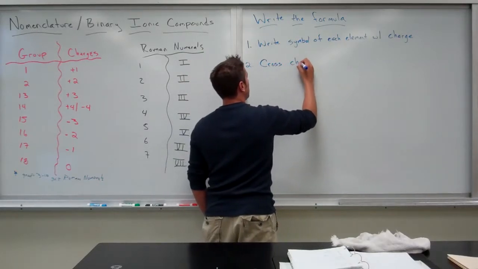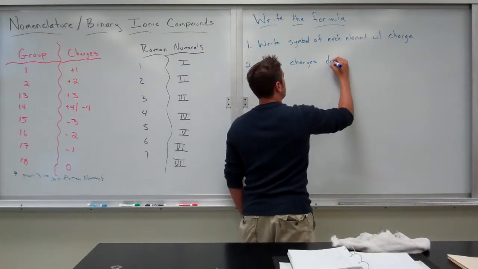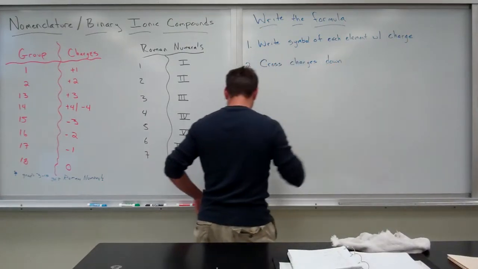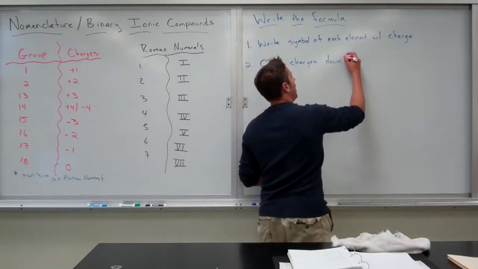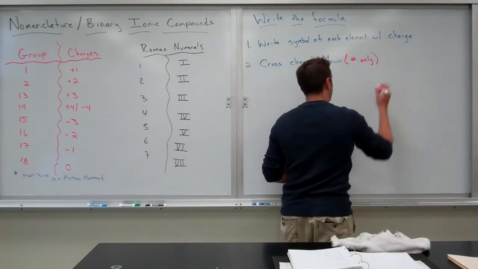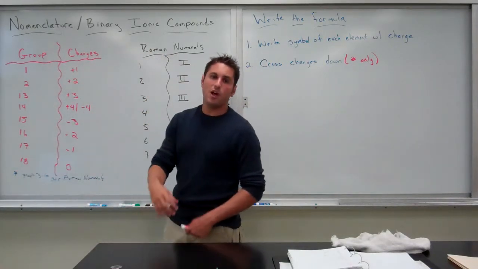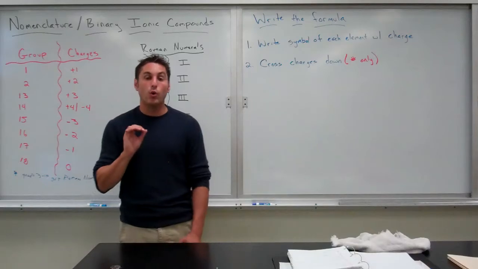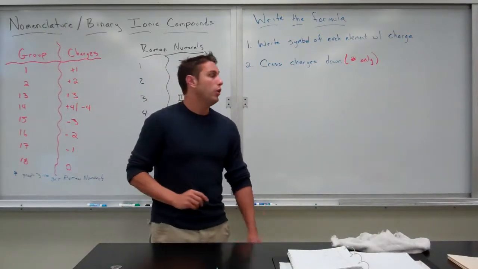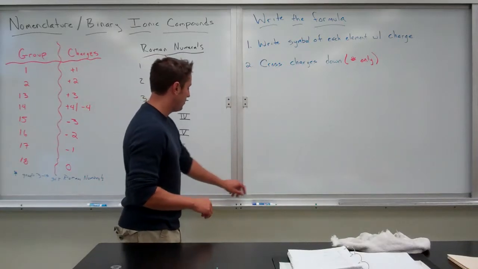Step 2. Cross charges down. And here, I'm going to add a little something that just says number only. As you can see from our list, our charges have pluses and minuses on them. We don't really care about those. What we really care about is the number. So we'll cross the numbers down and we omit the charges.